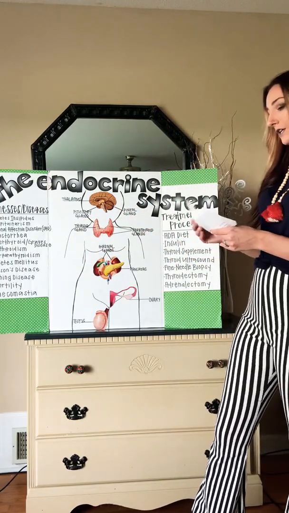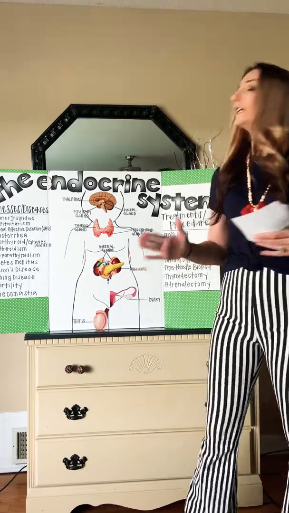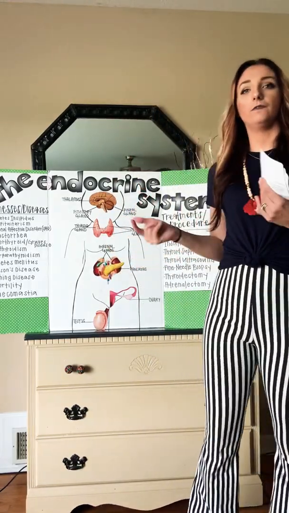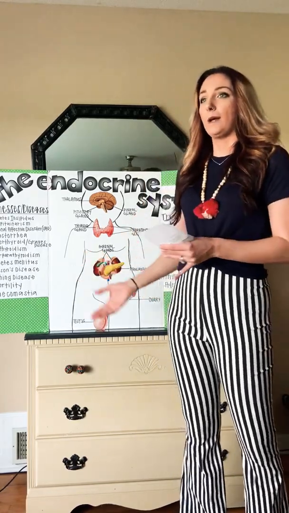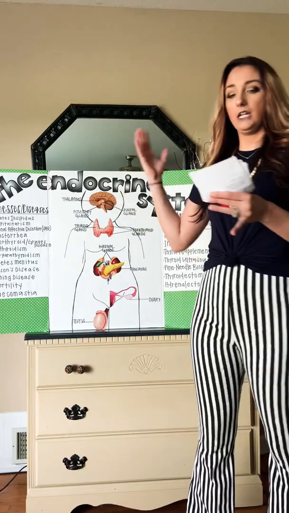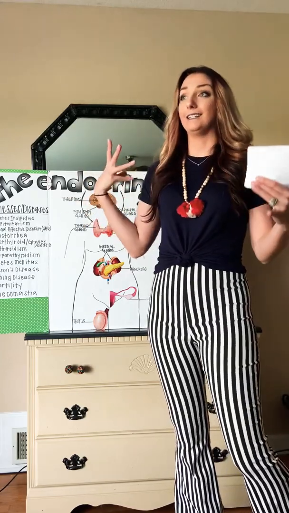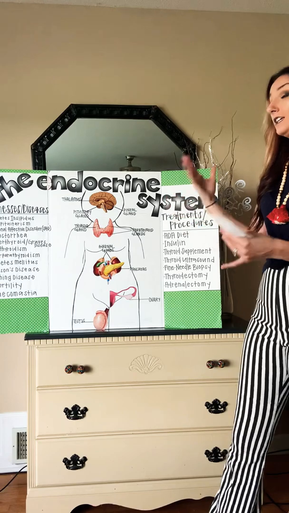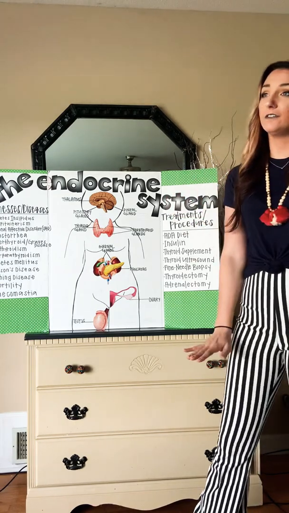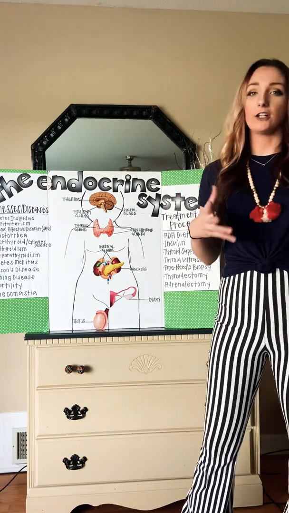So I moved on to hyperparathyroid, which a lot of people seem to get confused as to what it actually does because they think thyroid. But what happens with hyperparathyroid is your parathyroid is overproducing, and it actually releases too much calcium into your body, which can cause you to be more prone to fractures.